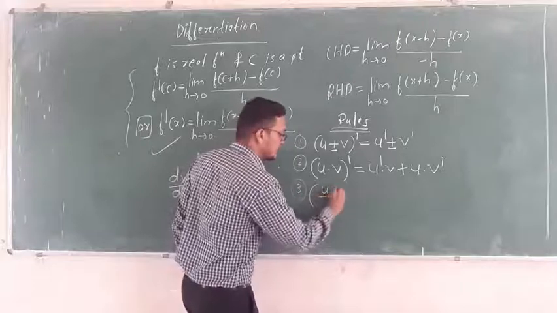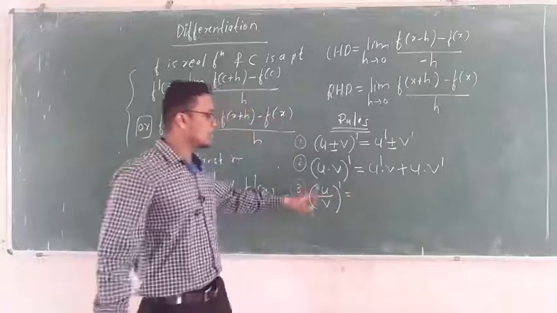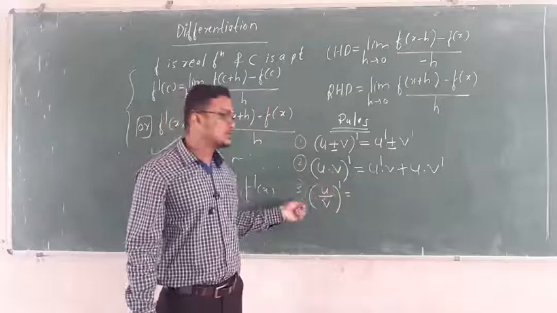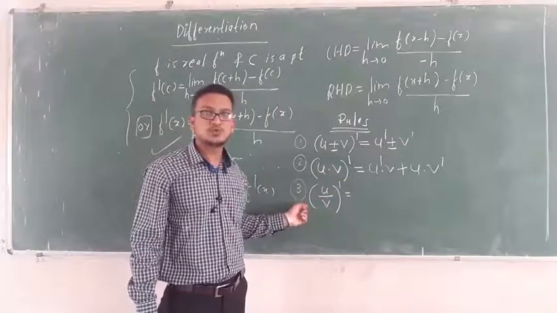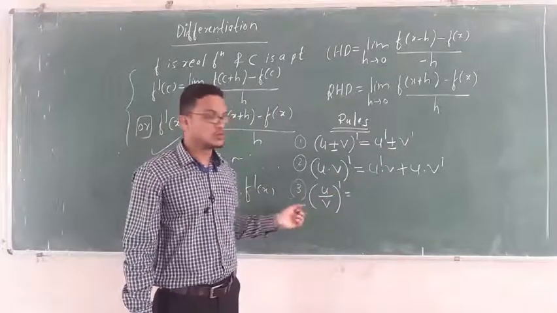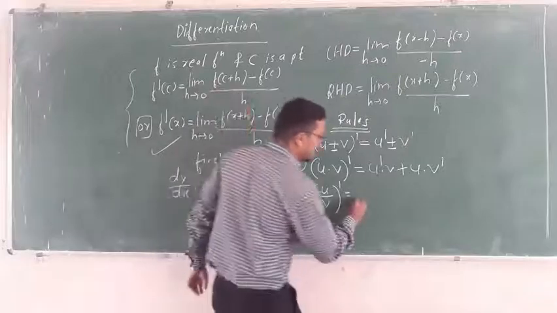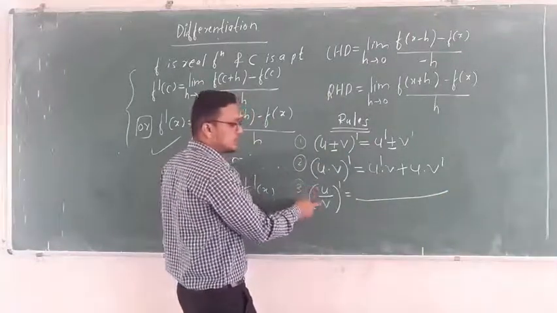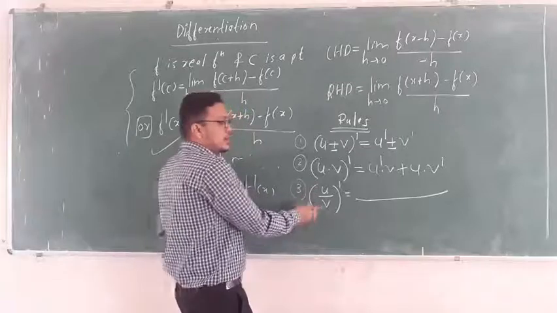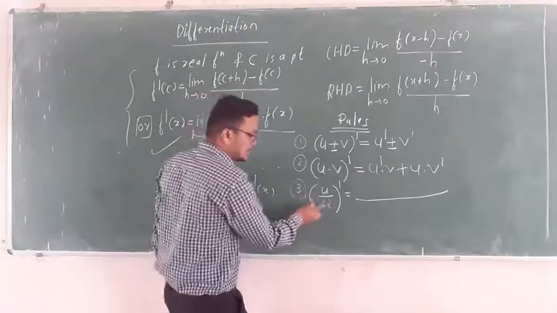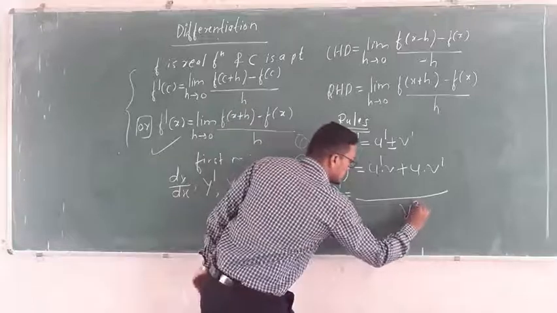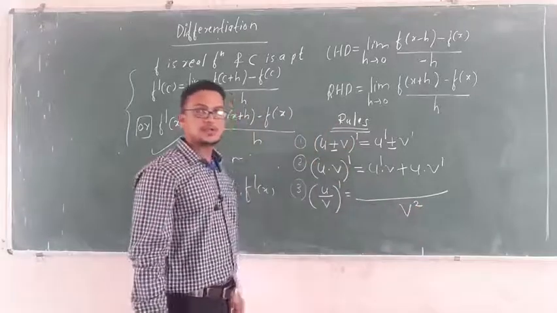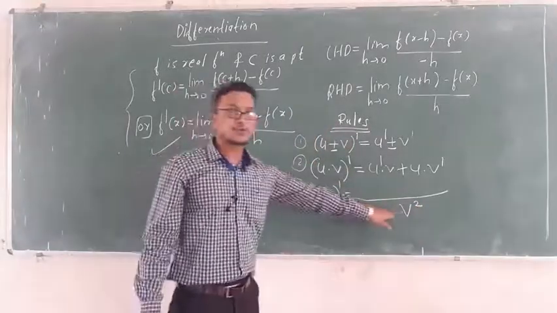Third one, (u by v) whole dash, u upon v whole dash. This rule is called the quotient rule. How is the quotient rule given? See, in u by v, u is the numerator and v is the denominator. The rule is: denominator square, that is v square here.